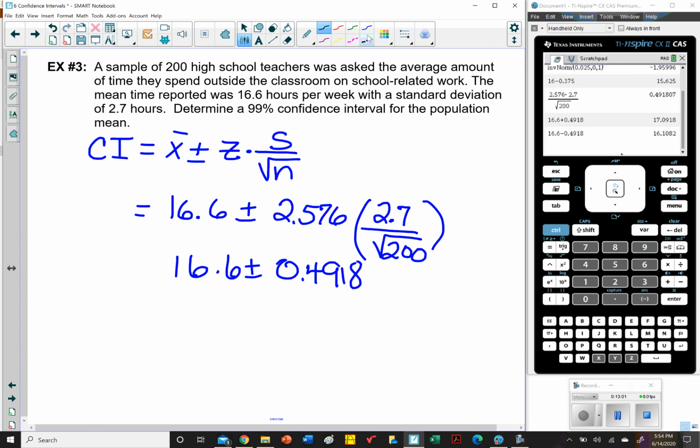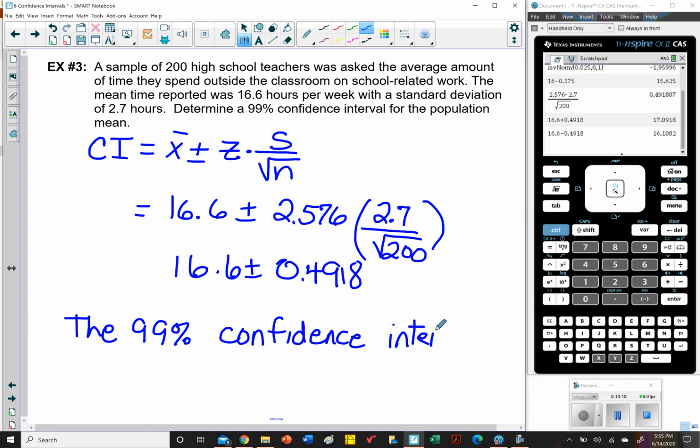We can say the 99% confidence interval is 16.11 to 17.09. And this is in hours.